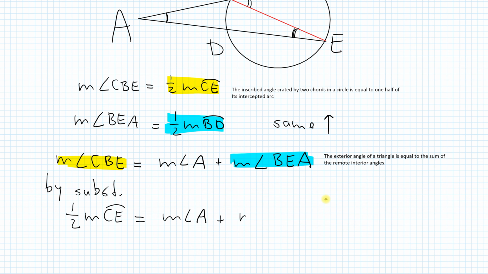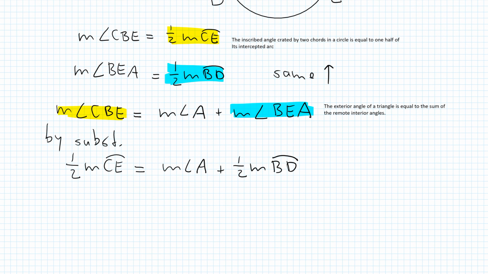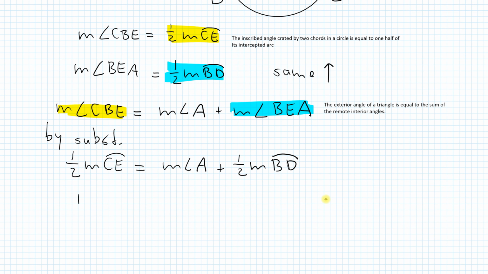So let me substitute that, 1/2 measure of arc BD, okay? Okay, so all we need to do is now solve for A.